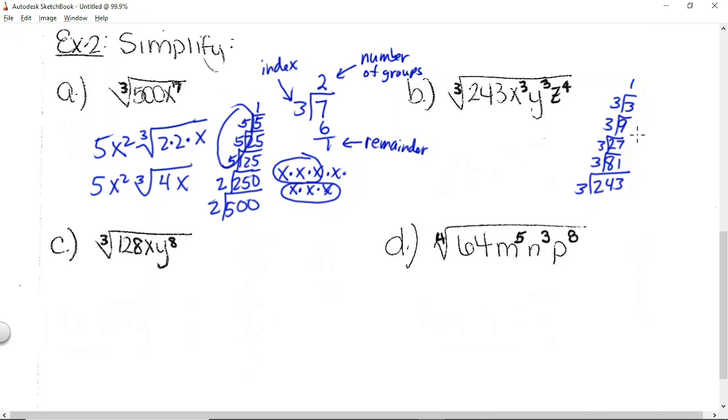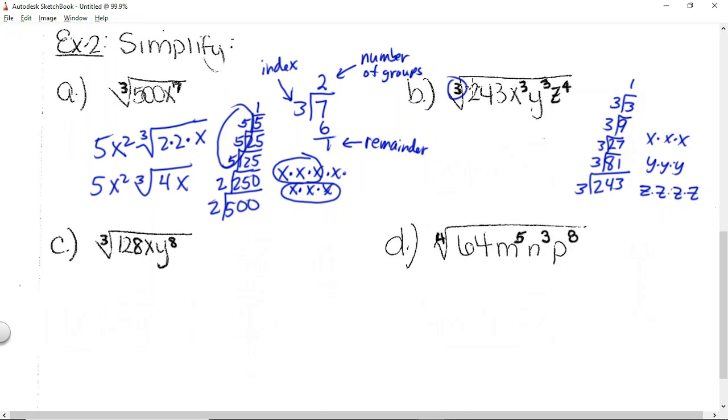Okay, and I'm going to go ahead and write down the x's here. We have x times x times x, and that is the other variables as well. We have y times y times y, and we have 4 of these z's. Okay, so let's look at this and figure out what to bring out of the radical.